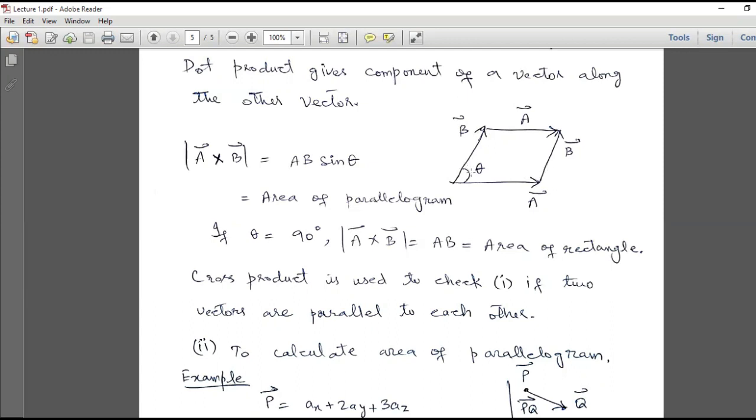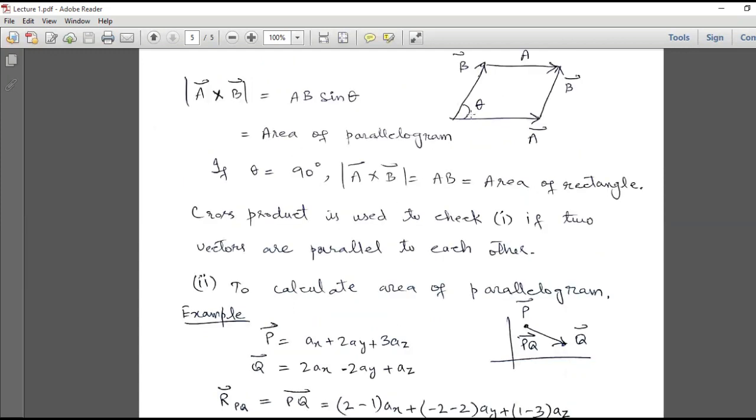If this angle theta is equal to 90 degrees, this will become a rectangle, otherwise it will be a parallelogram. Now the magnitude of the cross product is equal to AB sine theta, and that magnitude of the cross product between A and B will give us the area of the parallelogram.